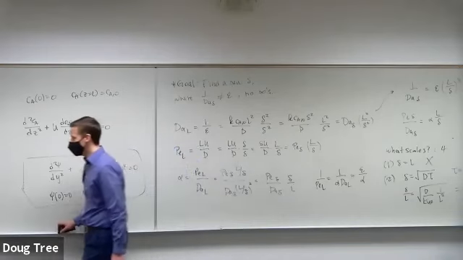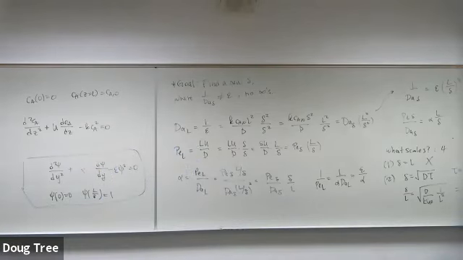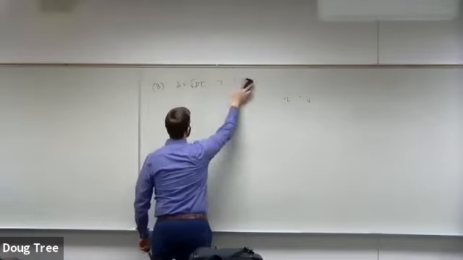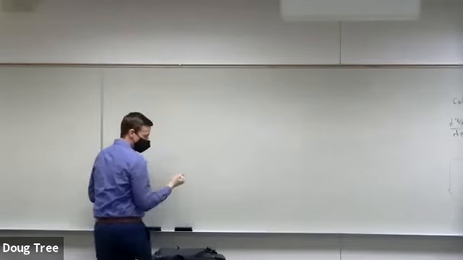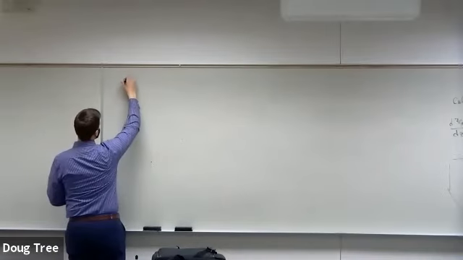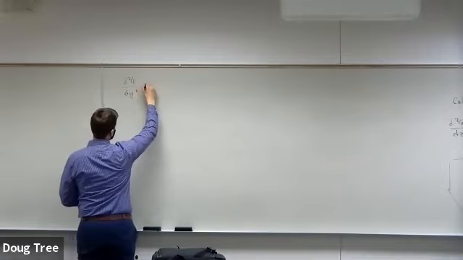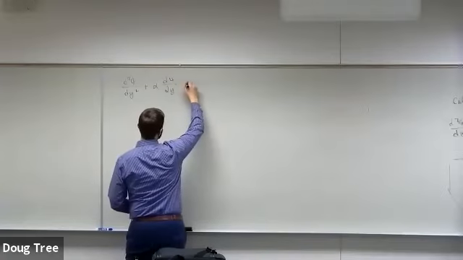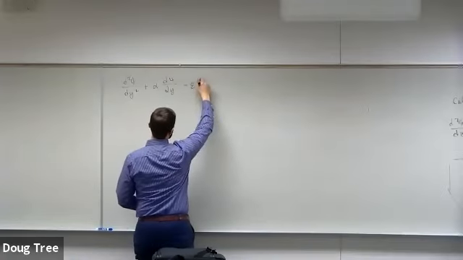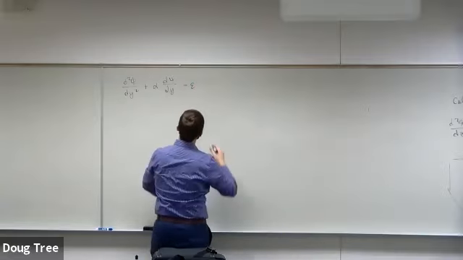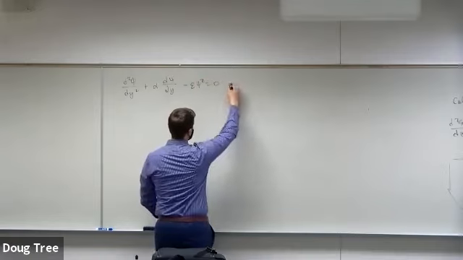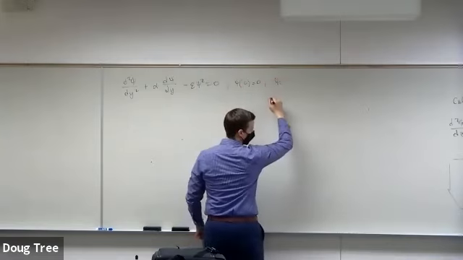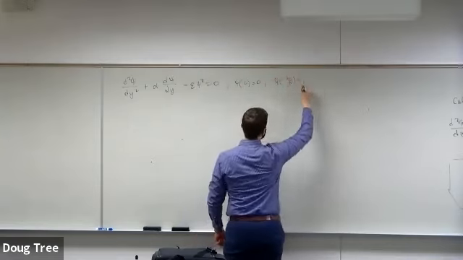We're going to say the following: d²ψ/dy² plus alpha dψ/dy minus epsilon Da ψ² equals 0, given ψ at 0 equals 0, and ψ at L over delta equals 1.